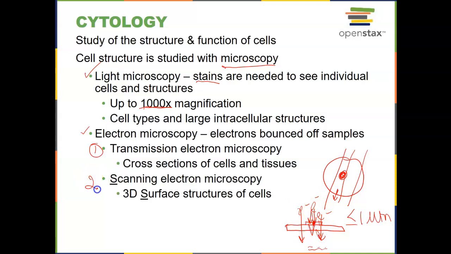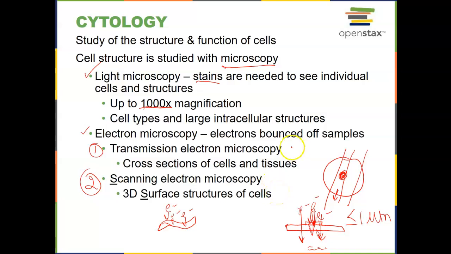A scanning electron microscope, that's a different deal. That's where you have an entire structure. So let's say, for example, you have a euglena. That's my version of a euglena, a sad euglena. What you're doing is focusing electrons on the euglena, and you're looking at how the electrons bounce off the structure, and it gives you the external view of what the cell looks like.